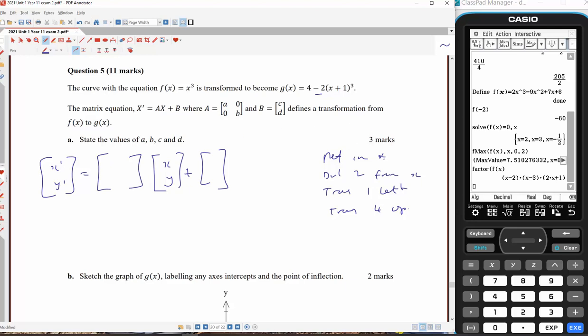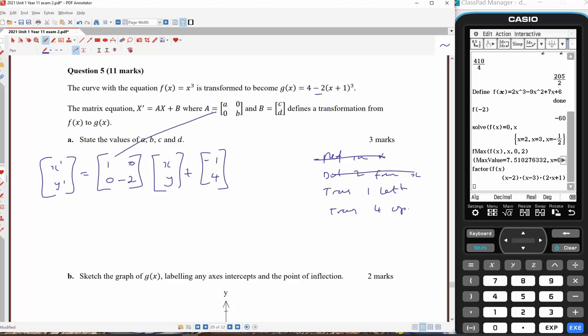Reflected in the x changes y, so that's going to be negative down here. Dilation 2 from x changes y, so that's going to be 2. Translation 1 left, so the rest of this matrix looks like that. 1 to the left means that should be a -1, and that should be a 4.